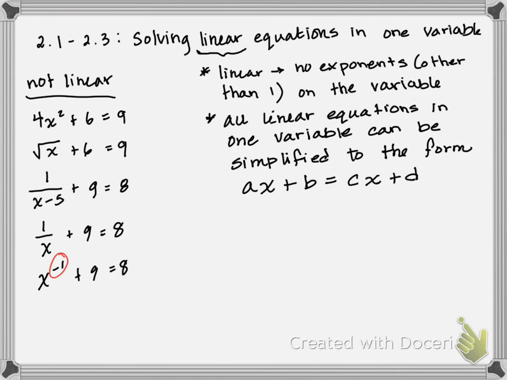If you distribute to get rid of all your parentheses, and you combine all your like terms on either side of the equation, then because there's no x squared or x to the third or x to the fourth, at most you're going to have two terms on each side. You're going to have a term containing the variable, so that's your variable term, and a term not containing the variable, so that's a constant term. So we call this guy the variable term. And this guy is the constant term.